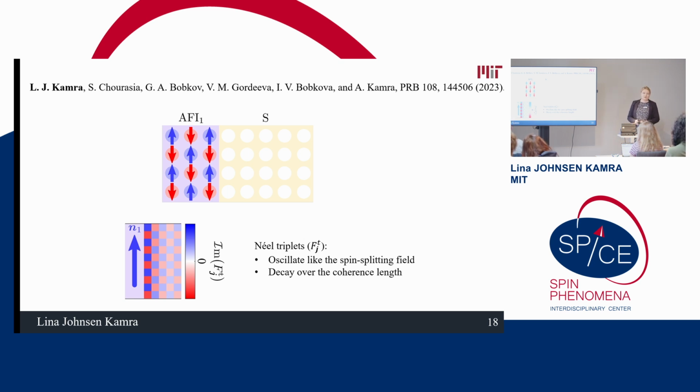And even though these spin triplets oscillate over the lattice constant, their magnitude decays over the coherence length. So they can actually affect the properties of these materials similarly to ferromagnets, just because the length scale is not determined by the oscillations, but by the coherence length.